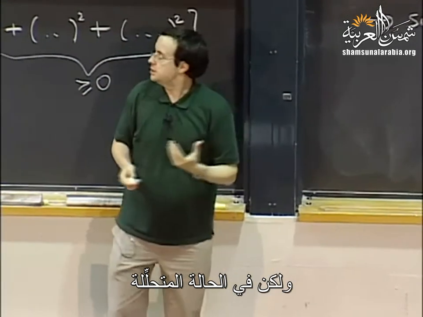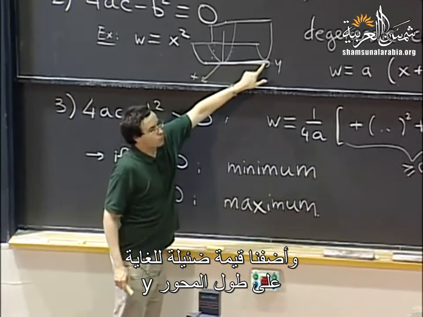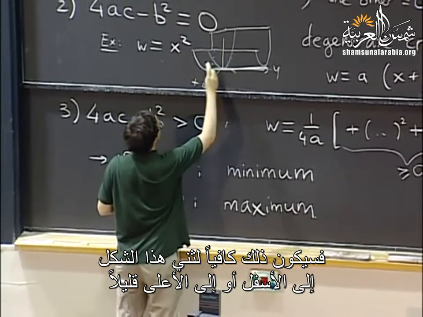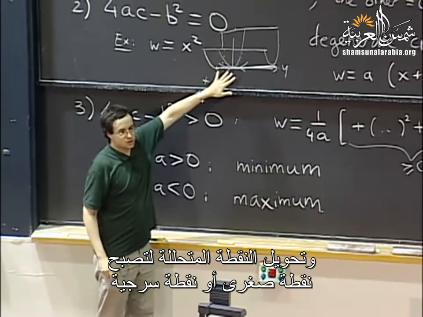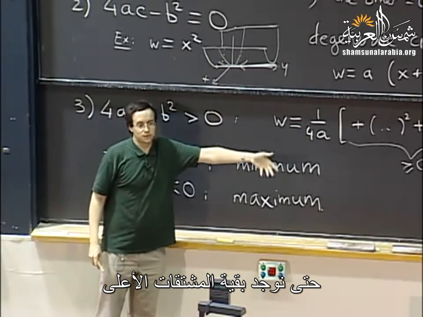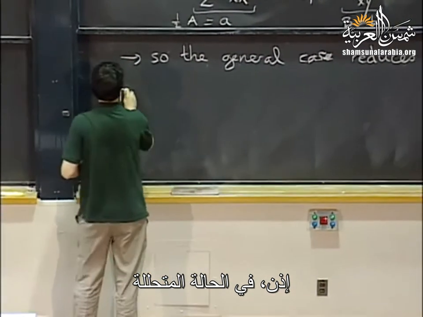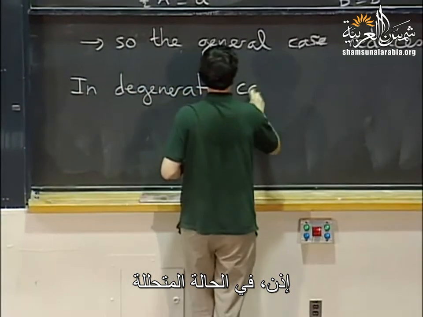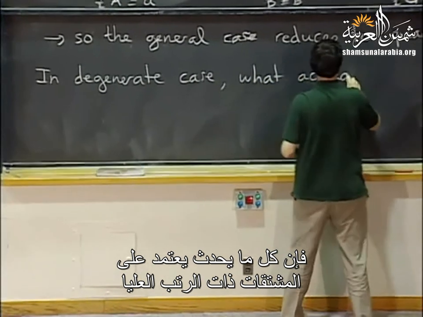But in the degenerate case, if I start with this and I add something even very, very small along the y-axis, then that can be enough to bend this valley slightly up or slightly down and turn my degenerate point into either a minimum or a saddle point. And I won't be able to tell until I go further in the list of derivatives. So in the degenerate case, what actually happens depends on the higher order derivatives.